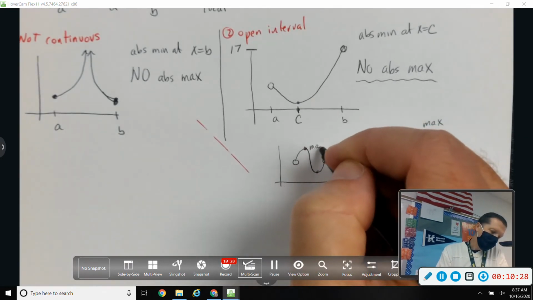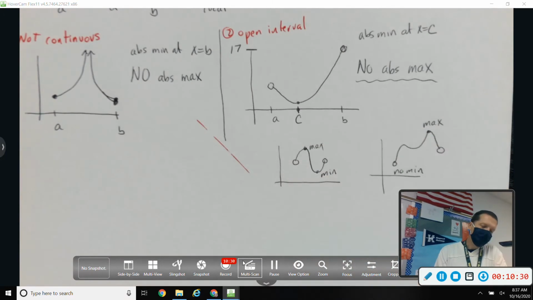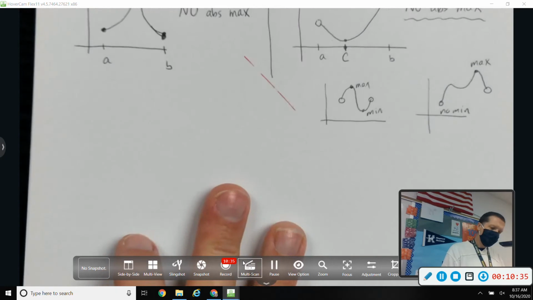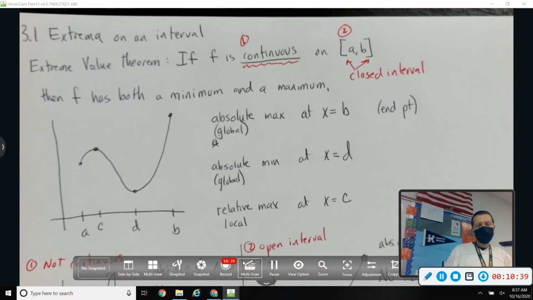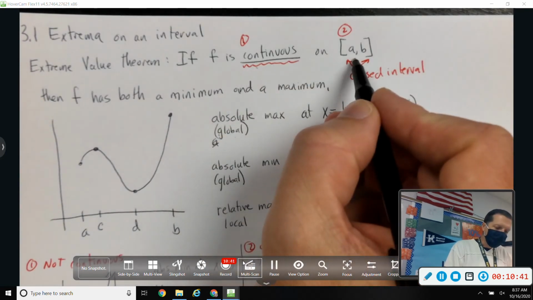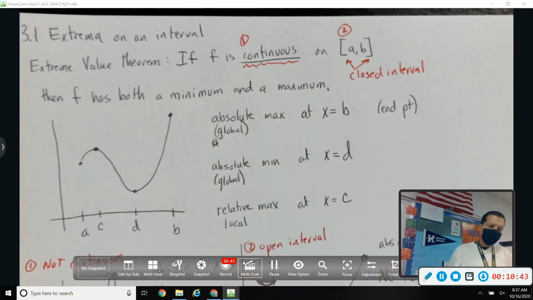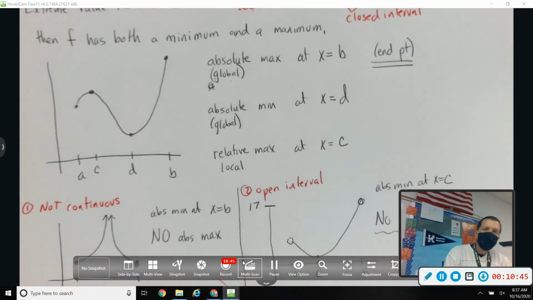This one has a max and a min, but not because of the extreme value theorem, just because we got lucky. All right, so if you have an equation that's continuous on a closed interval, then there will be a maximum or minimum. It might be at an endpoint, though.